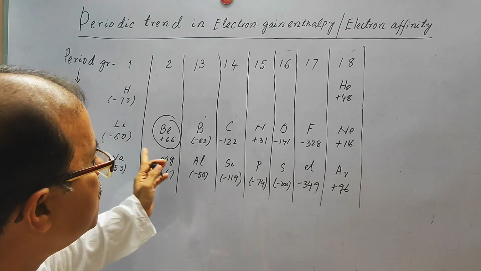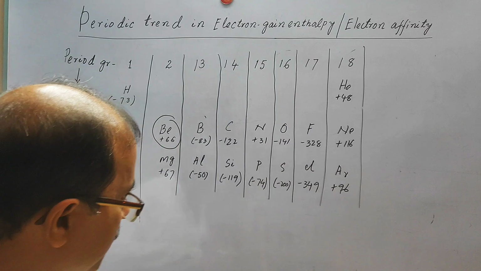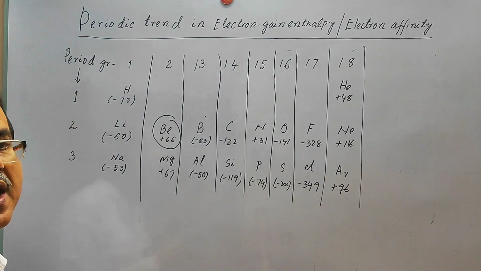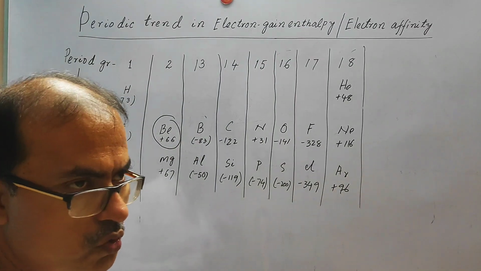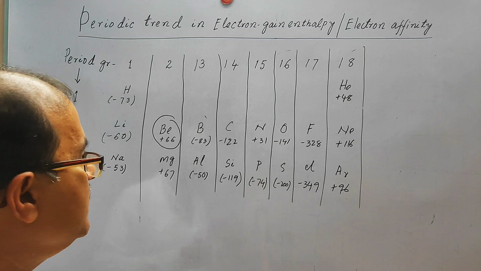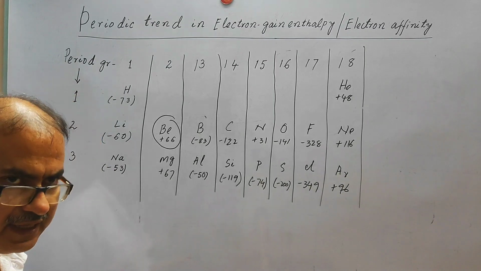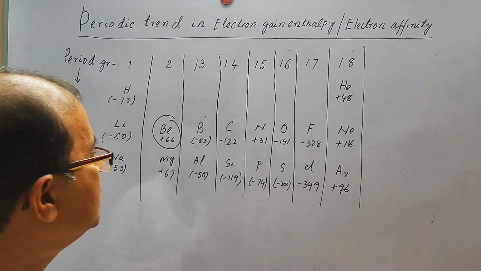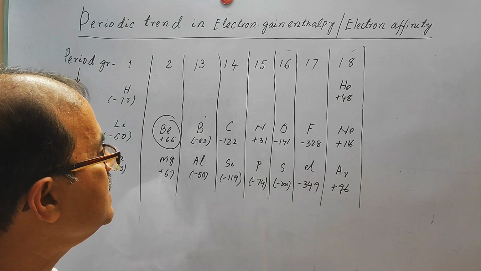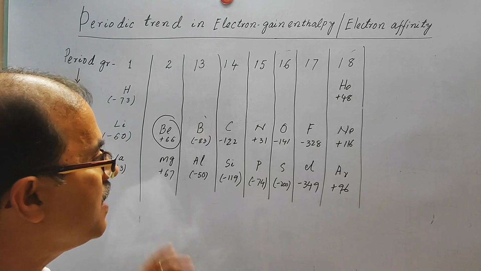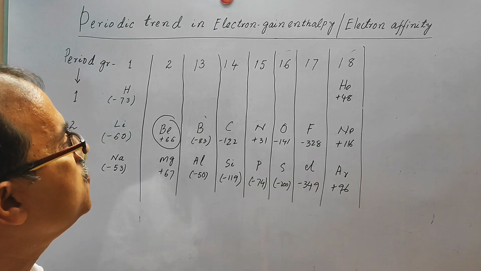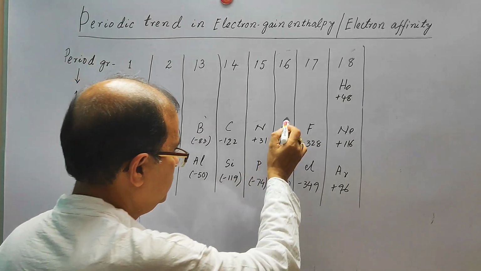The general trend you can see is that if we go down the group and go across the period, there is a decrease of electron gain enthalpy and also an increase of electron gain enthalpy, but there is an exception. You can see the exception here.